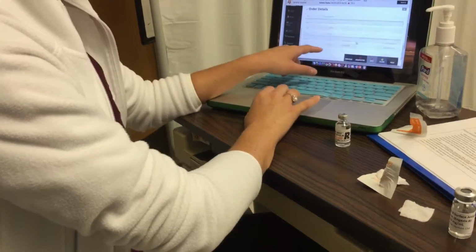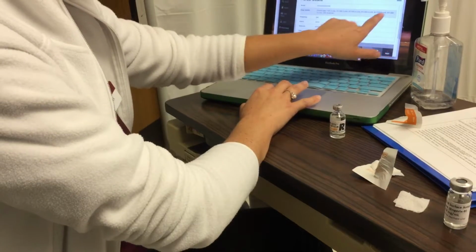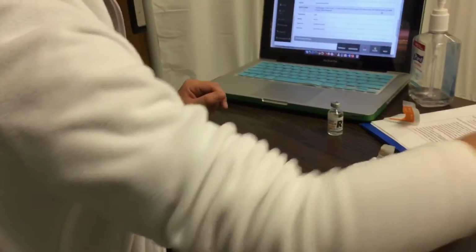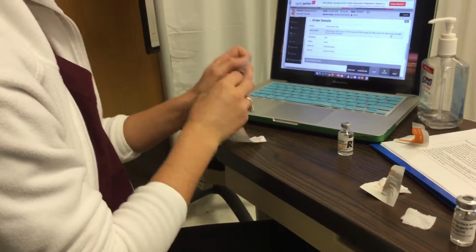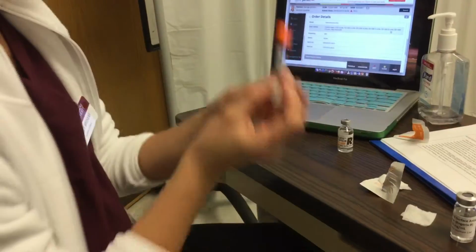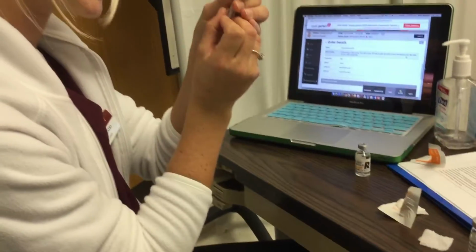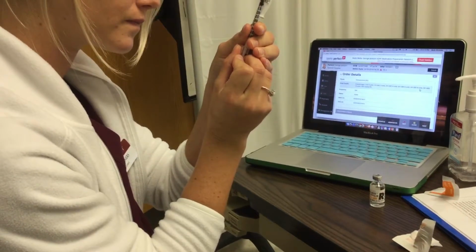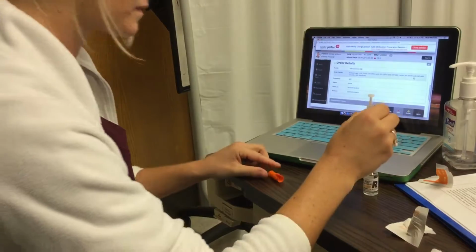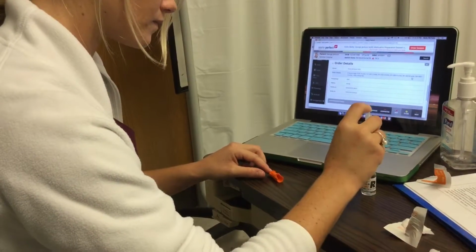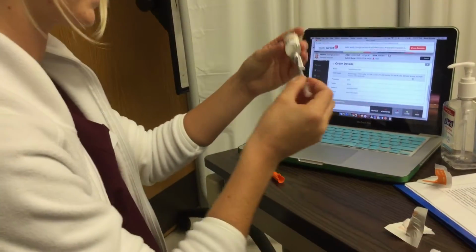And according to the sliding scale, that is going to be 8 units. Going to draw 8 units of air. Inject that air.